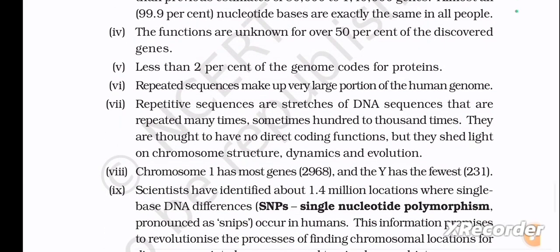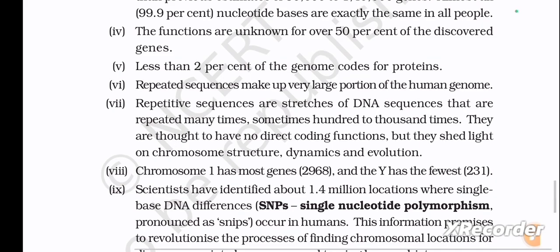Fifth point, less than 2% of the genome codes for proteins. Sixth point, repeated sequences make up a very large portion of the human genome. Seventh point, repetitive sequences are stretches of DNA sequences that are repeated many times, sometimes 100 to 1000 times. They are thought to have no direct coding functions, but they shed light on chromosome structure, dynamics and evolution.